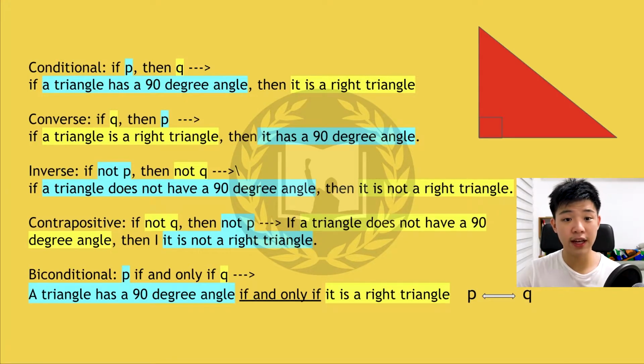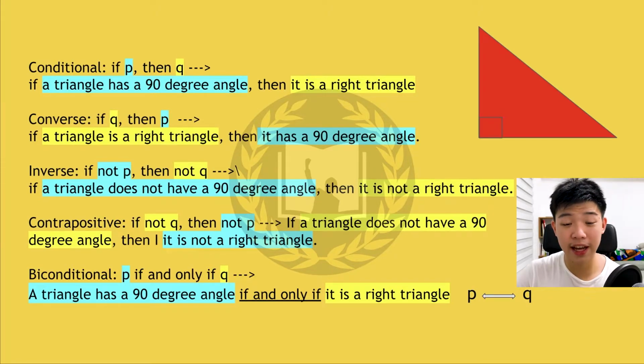Therefore, if it contains other angles, then it does not qualify to be a right triangle. As for the contrapositive, if a triangle does not have a 90-degree angle, then it is not a right triangle. This statement is also true, because all right triangles must have a 90-degree angle.